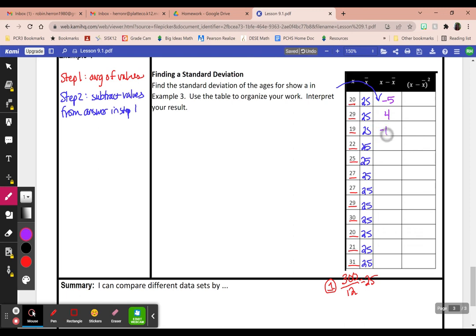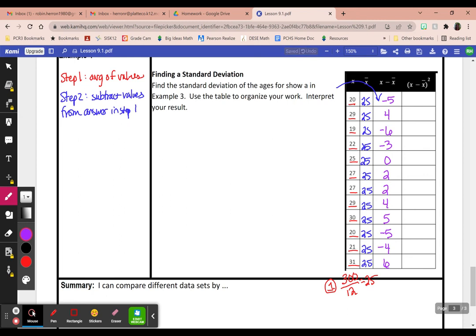So I'm going to have negative 6 here, negative 3, 0, 2, 2, 4, 5, -5, -4, and 6. Okay? So that was step 2, subtract.